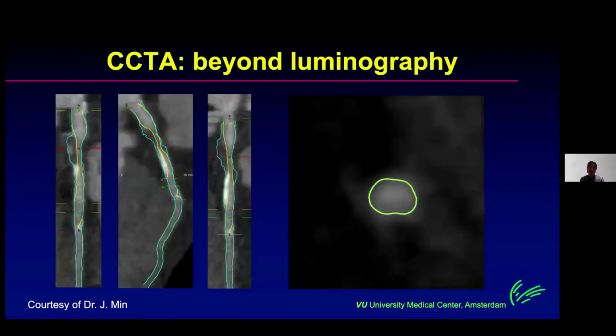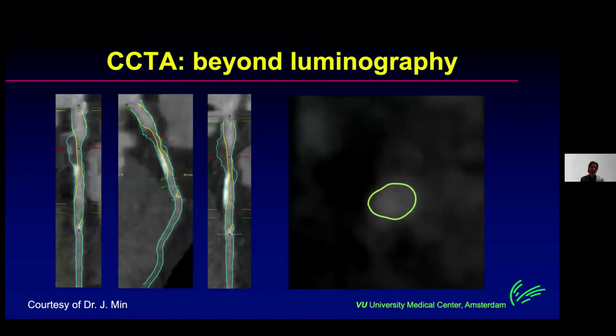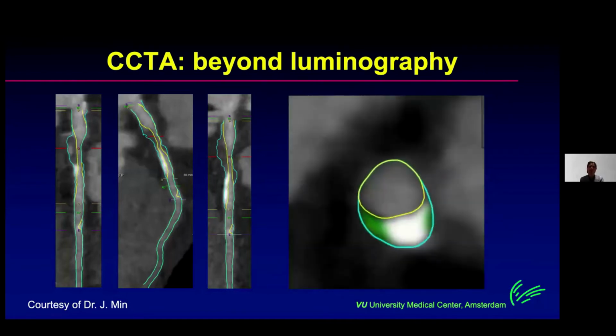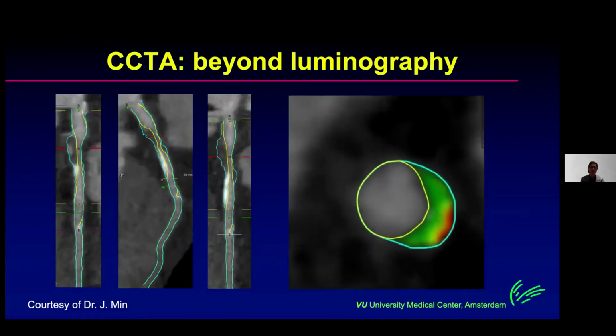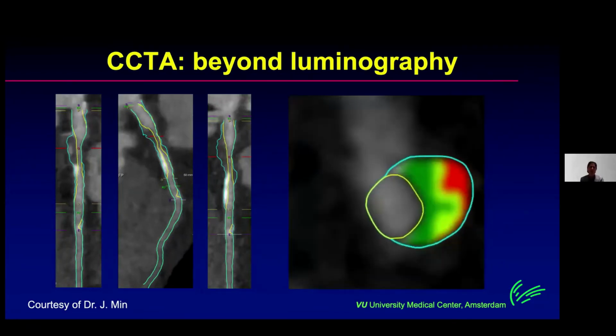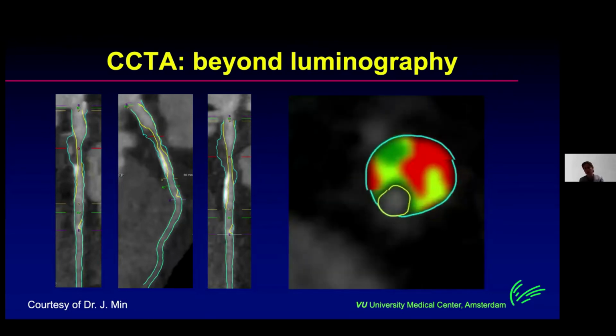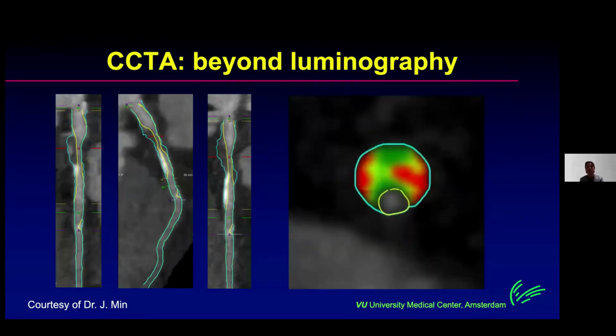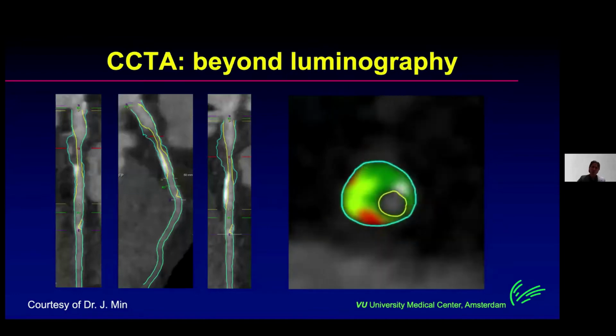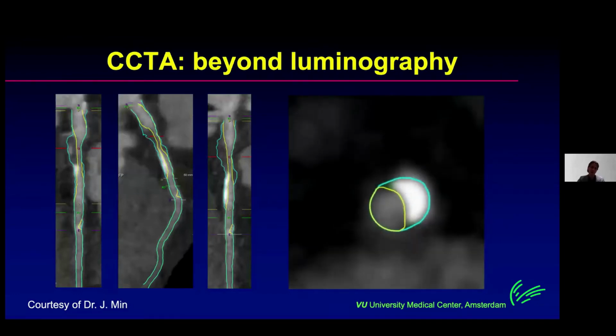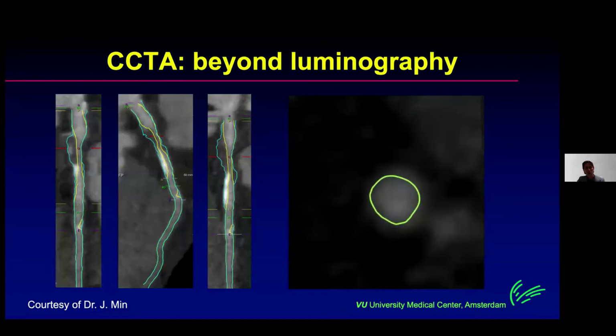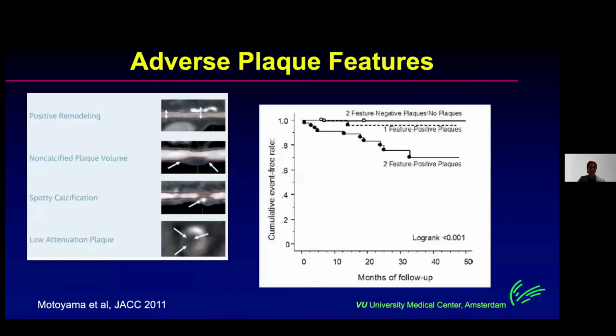And this is a slide from Jin Min telling you that you cannot only tell whether it's calcified, non-calcified, whether it's positive remodeling, spotty calcification, and everything. So CT goes beyond just angiography alone or FFRCT alone.